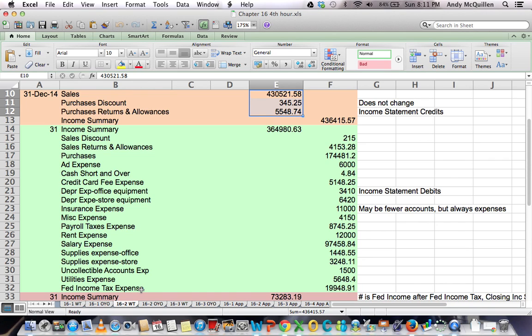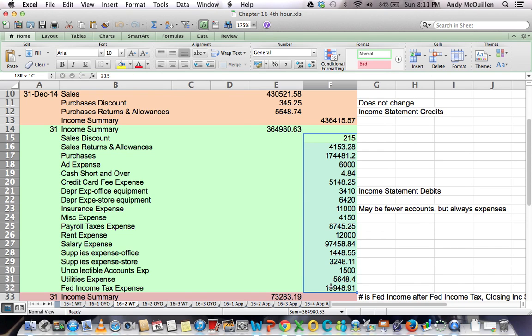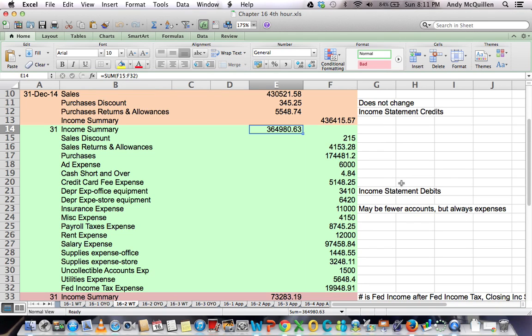Those are all credited. Income summary on top is the total of all of the credits. That number is $364,980.63. You may deal with times where there's fewer accounts, you may deal with times when there's more, just depends.